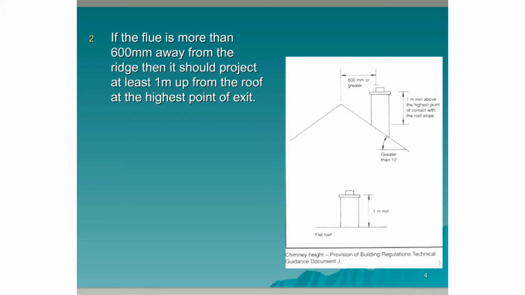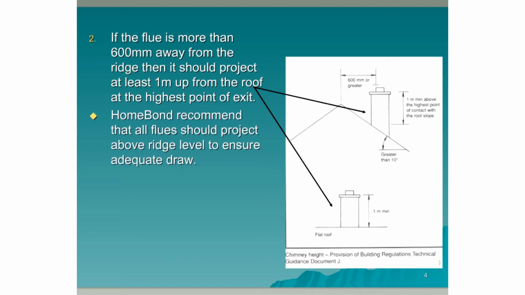If the flue is more than 600 mm away from the ridge, then it should project at least 1 metre up from the roof at the highest point of exit. Home Bond recommend that all flues should project above ridge level to ensure adequate draw.